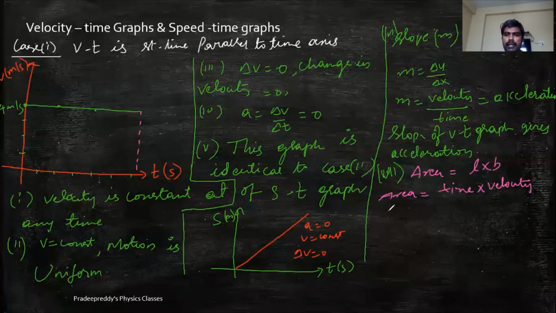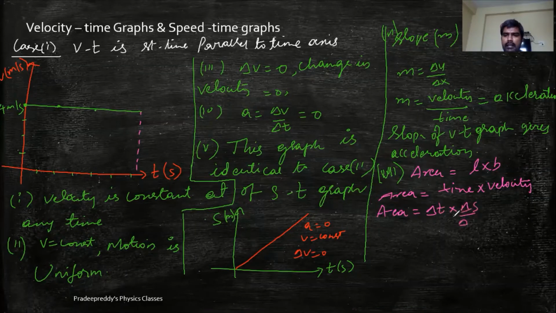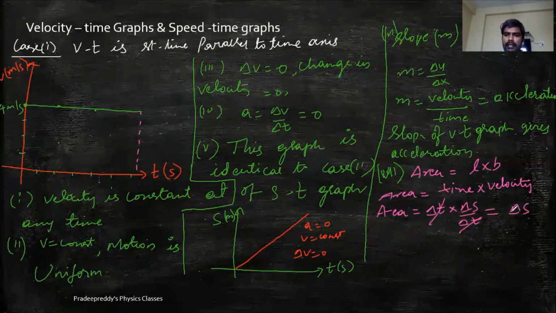So area is equal to delta t into delta v, which is delta s divided by delta t. Delta t gets cancelled, so delta s is left over. So area is equal to delta s. What is delta s? Delta s is the change in the position of the body. That means the displacement of the body can be calculated using area. So the area of the VT graph gives the displacement of the body.